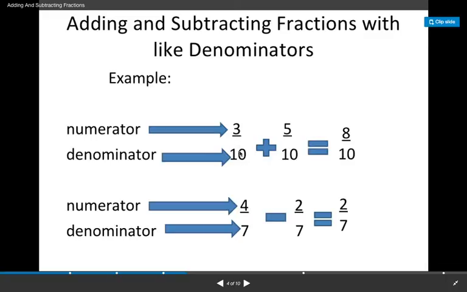Another example, we have 3 over 10 plus 5 over 10. 3 plus 5 is 8 over 10.